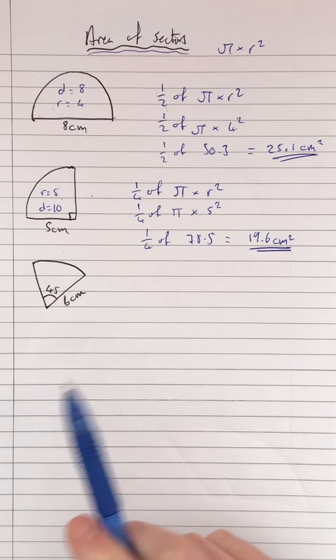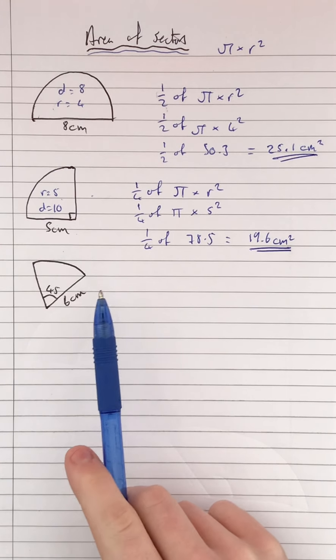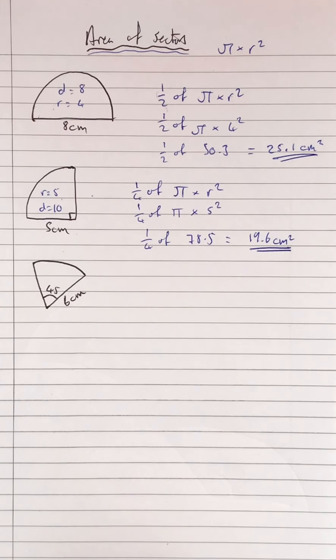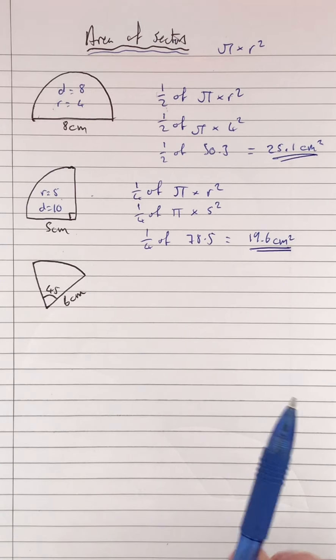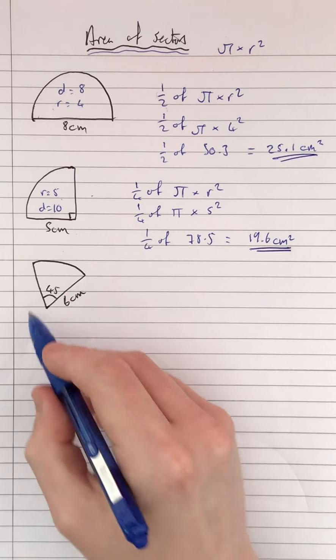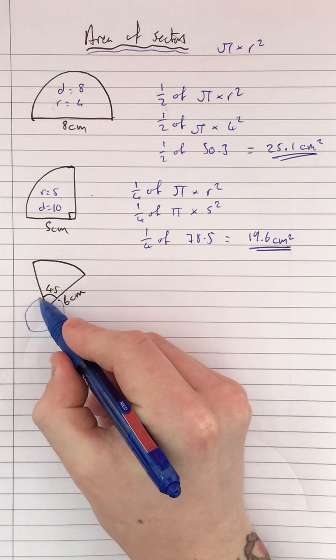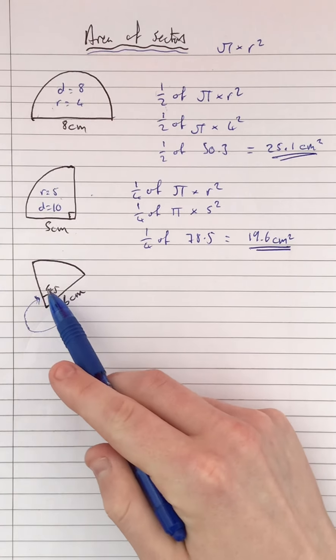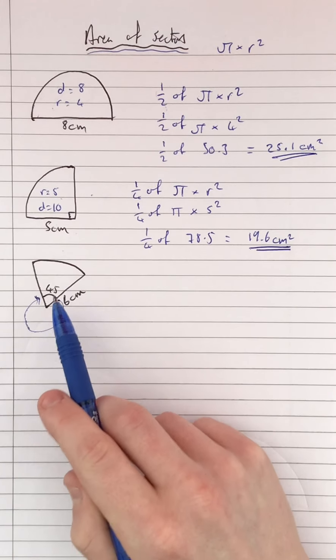Now the last one, okay, is the same process as what we've done previously, but our fractions are not going to look as simple. Remembering what we did last lesson, the whole of this circle would be 360 degrees. In a full turn there would be 360 degrees.